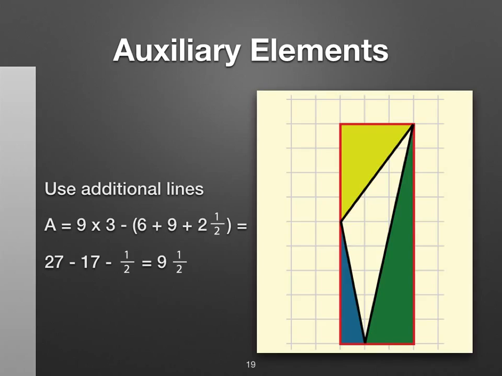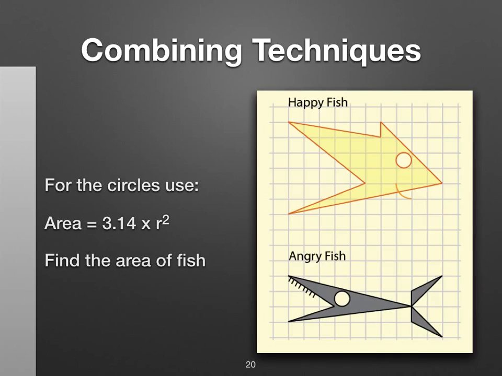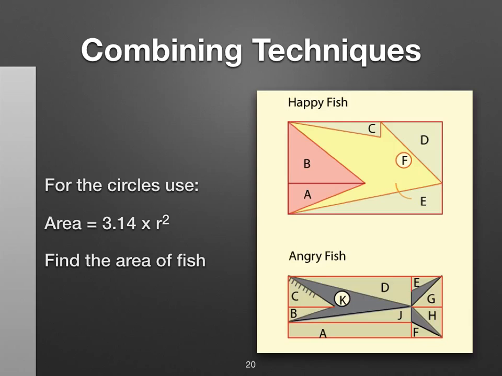The problem can be solved by subtracting from 27 the areas of 3 right triangles. Combining techniques. Using a formula for finding area and combining several problem-solving strategies, the students can solve these fun problems.